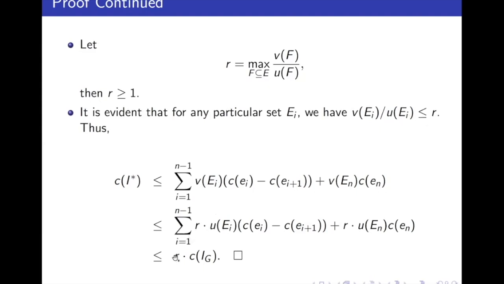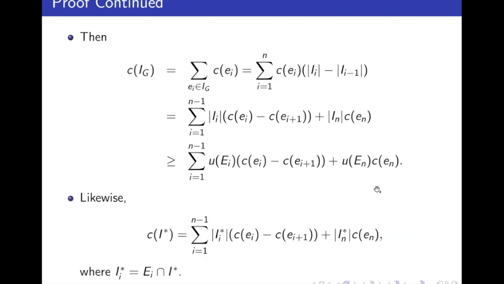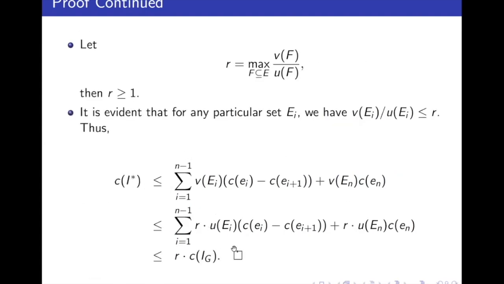So we take the R out. What remains is less than or equal to C of I_G, because this whole thing is less than or equal to C of I_G. Hence, we prove this result.